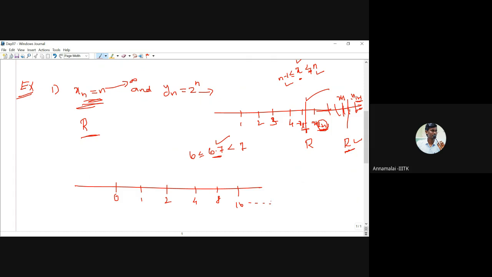Suppose for simplicity your given real number r is here. I can choose the fourth stage, because this is the first element, second, third, fourth. So after the fourth stage, all the sequence terms are bigger than this r.